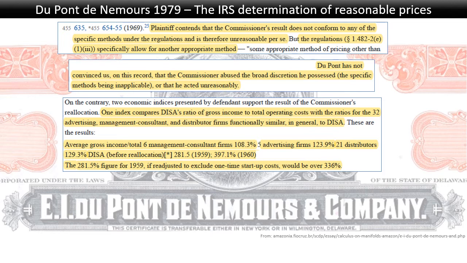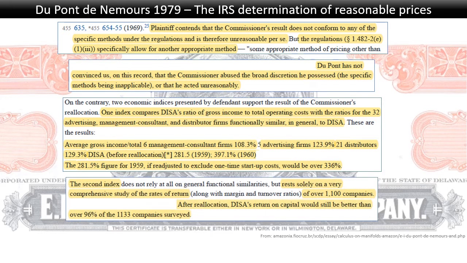The 21 distributors, 129%, okay, and then you get to DISA, 281% for 1959 and 397% for 1960, and then the court says about the 281.5% figure for 1959, if readjusted to exclude one-time startup costs, would be over 336%. So that is quite far from the so-called comparables, right? And then the second was, in fact, a return on assets.